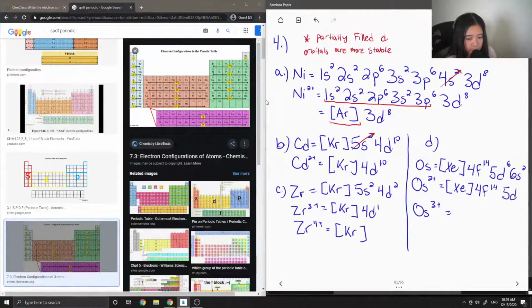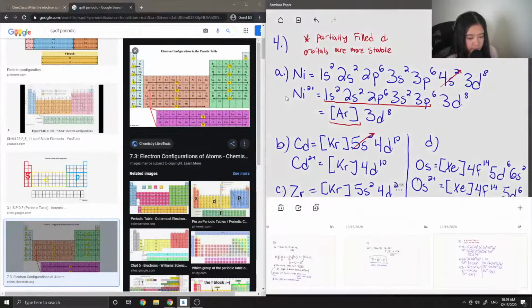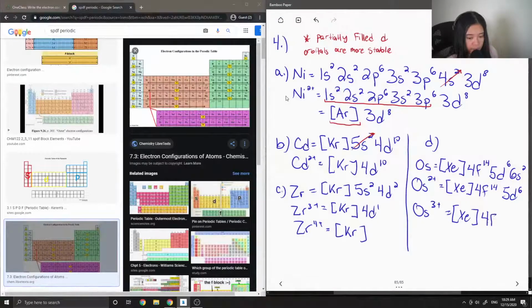So our new electron configuration is xenon 4f14 5d6. And then if we were to take away 1 more electron, it would be xenon 4f14 and then 5d5.